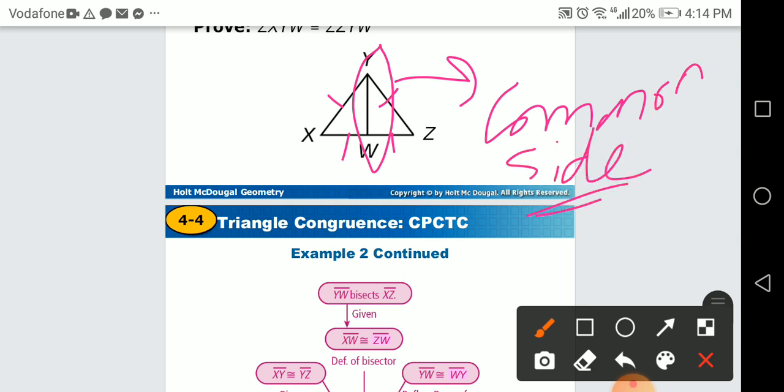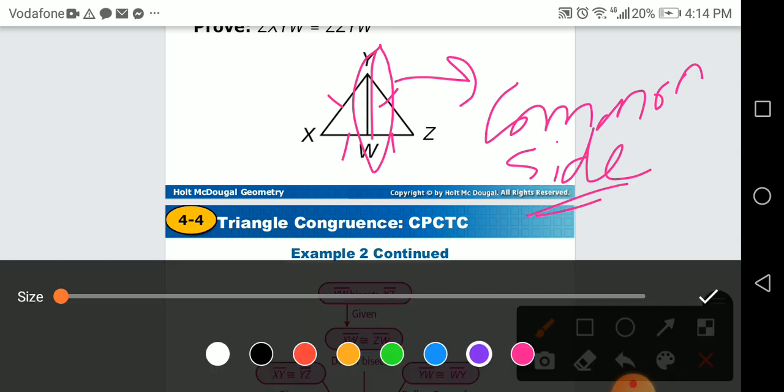I have this triangle YWZ and the other triangle YWX. They share the same side YW.